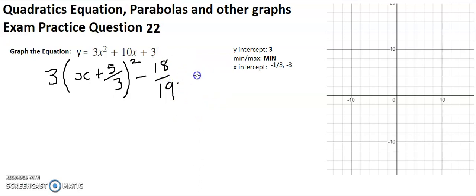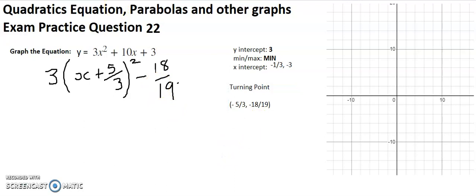So this gives me my turning point. My turning point is x equals negative 5 over 3 and y equals negative 18 over 19.